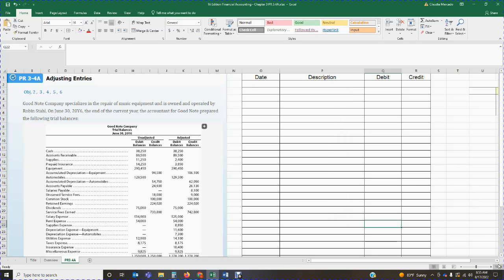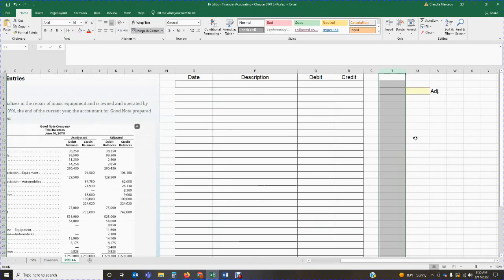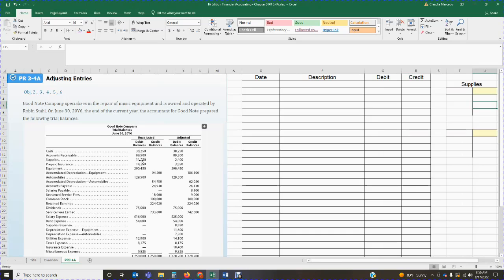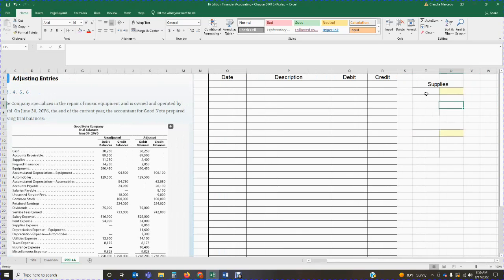Okay, and I'm going to do a T account over here just to show you. This is what I want you to do when you're preparing these adjustments. What is it that we're doing? Okay, so we have the supplies account. The supplies account says that we started with 11,250. Remember, we need to know the normal balances of our accounts.